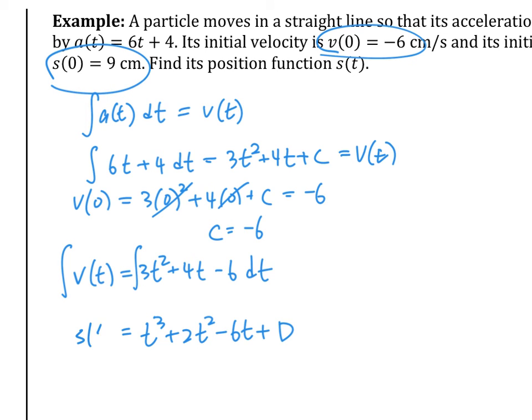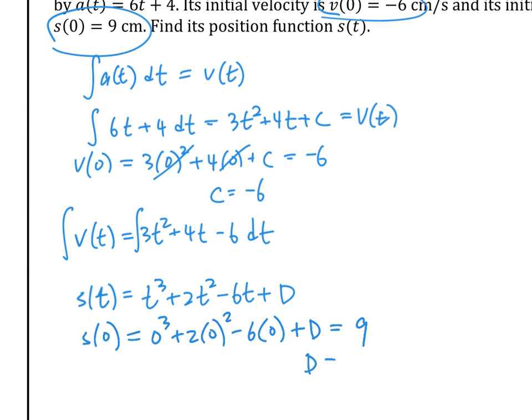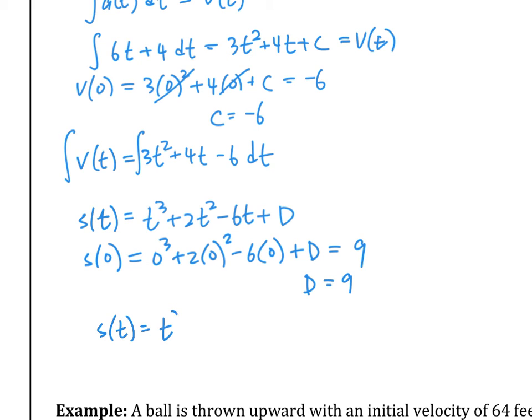The function I just found is s of t. So then put in 0. I get 0 cubed plus 2 times 0 squared minus 6 times 0 plus d is 9. Therefore, d is 9. All right, so the last thing we're going to do is just plug everything back in. So s of t is equal to t cubed plus 2t squared minus 6t plus 9.